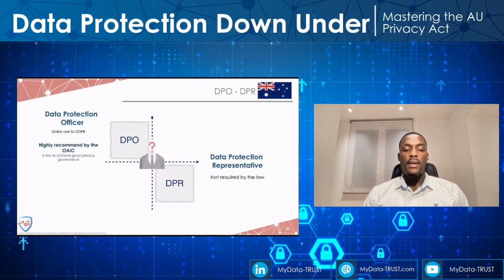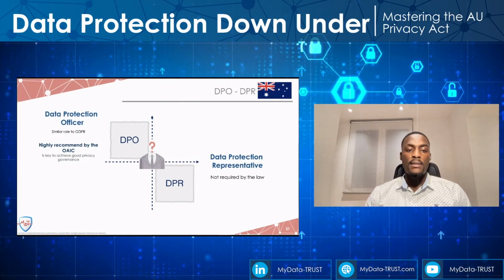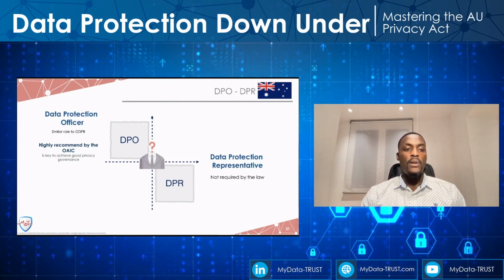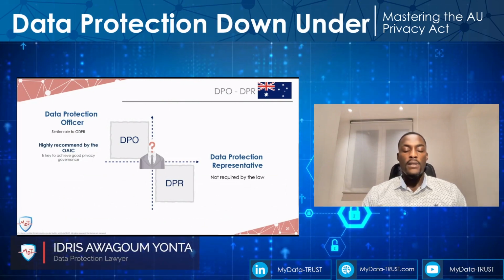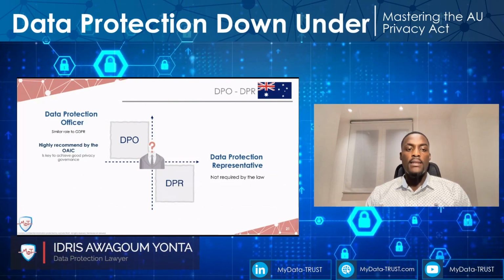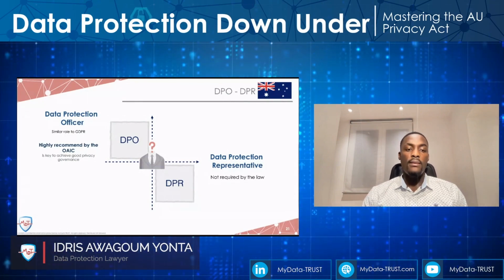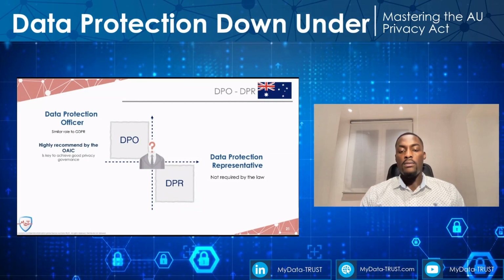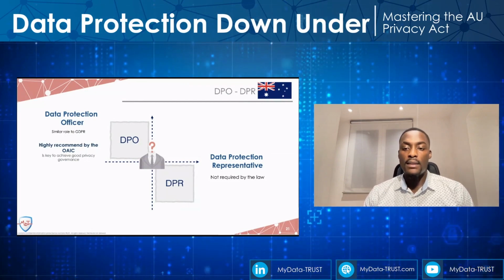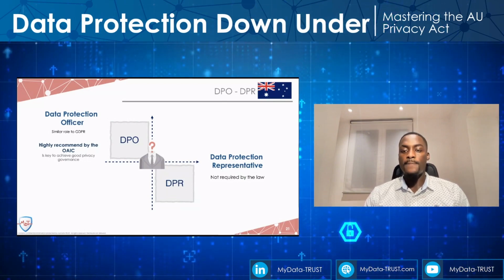So now we are going to take a look at what is considered best practice under the Privacy Act. First of all, when it comes to the data protection officer, it's recommended to achieve good privacy governance in the Privacy Act. It's highly recommended by the national data protection authorities and is really similar to that of the GDPR. It is also important to keep in mind that there is no notion of data protection representative in the Privacy Act.